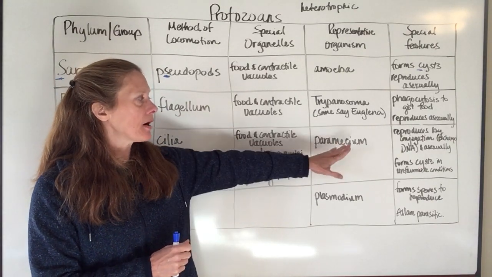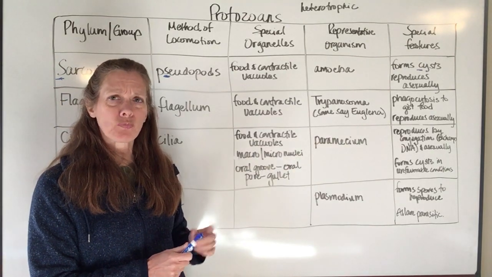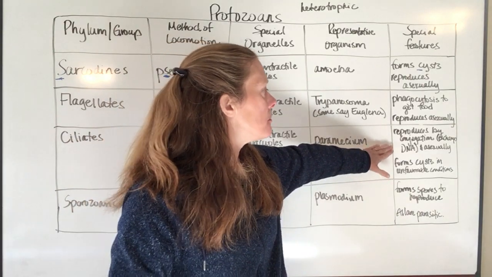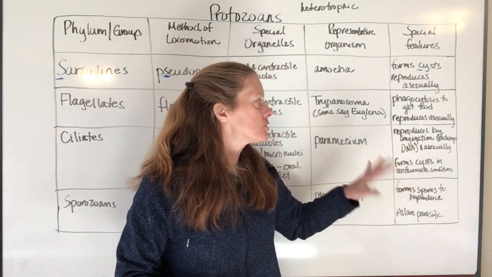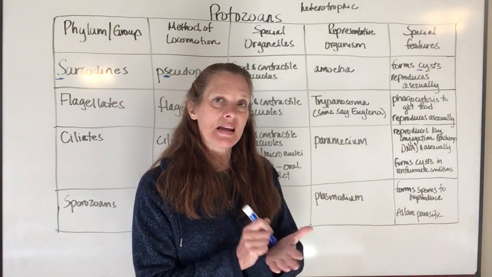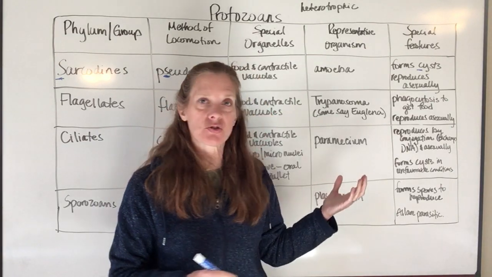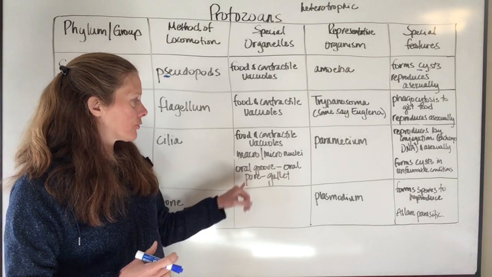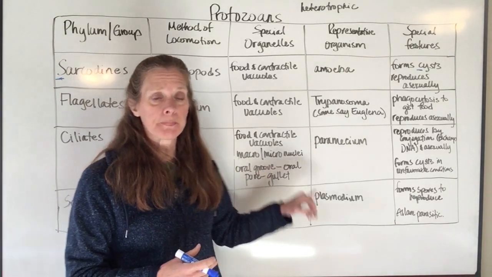So again, the Paramecium is your representative organism. A couple of the special features of the Paramecium: they reproduce by conjugation and asexually. Now, conjugation is where they exchange genetic material through the oral groove.